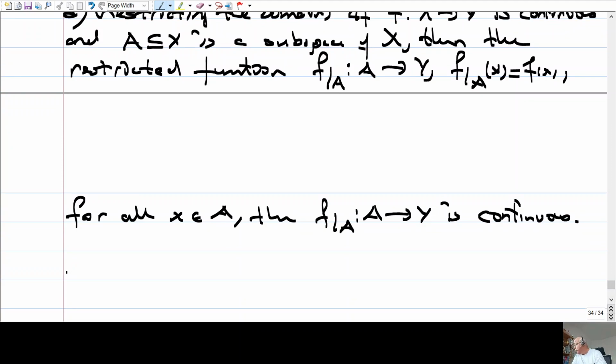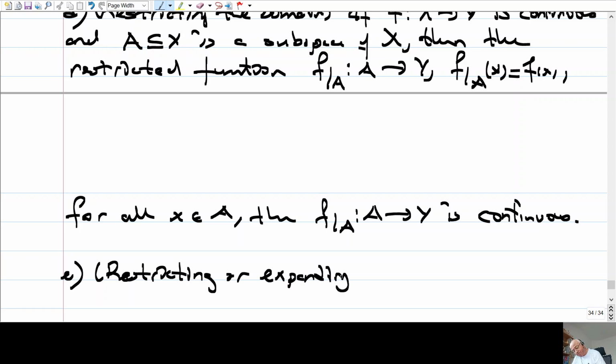Okay, and we have E, restricting or expanding the range. So what is this?